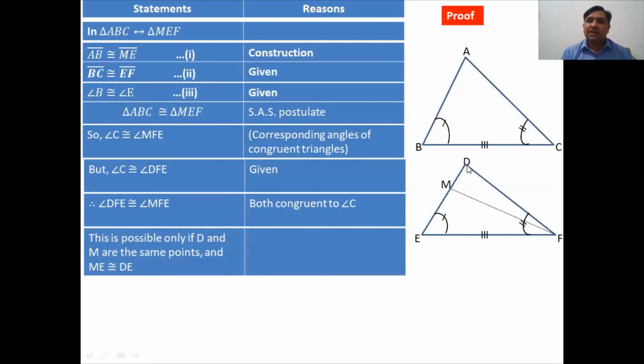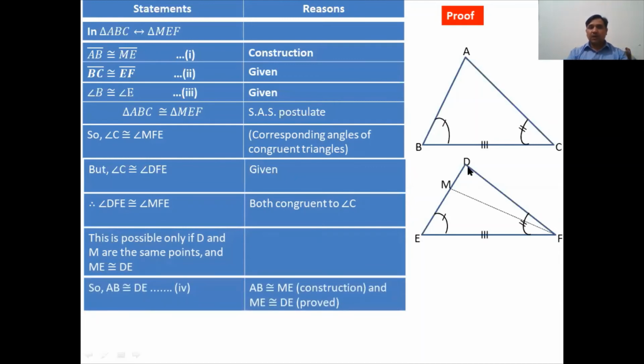So we were supposing that side AB is not equal to DE. We are wrong here. We took point M and proved that point M lies on point D. So DE and ME are equal.